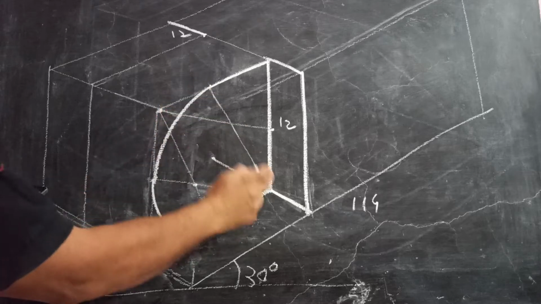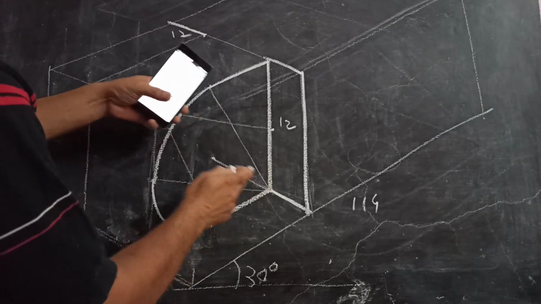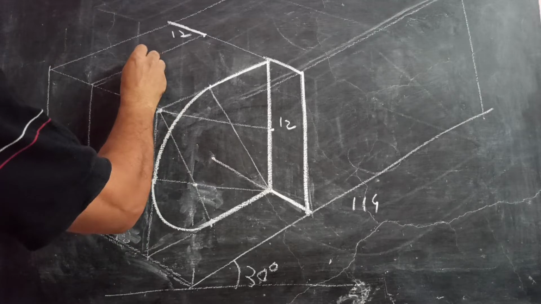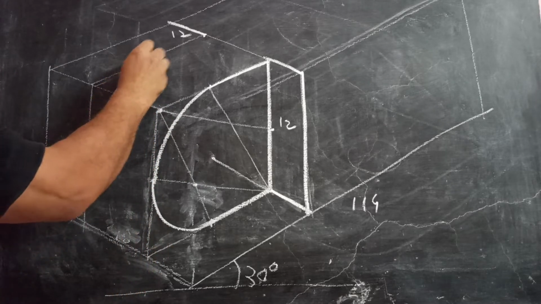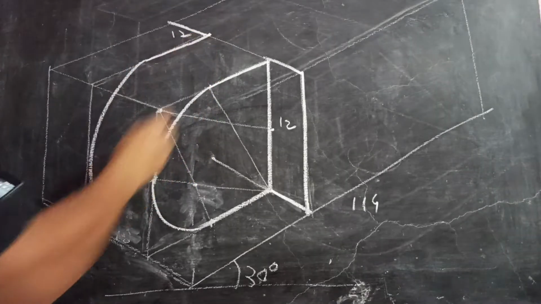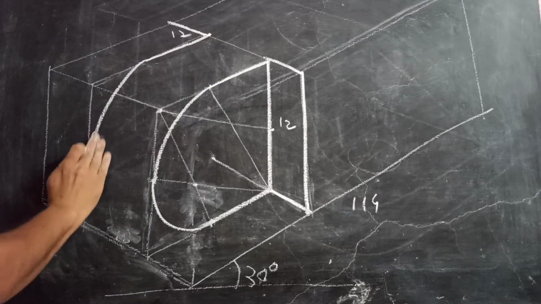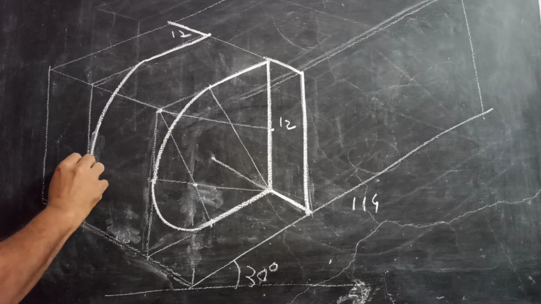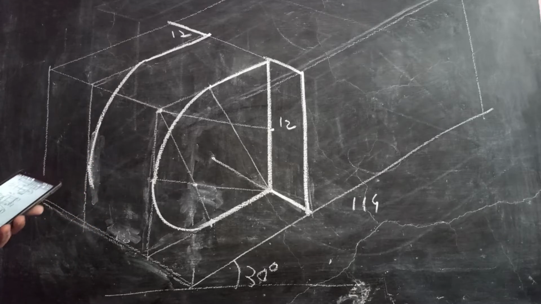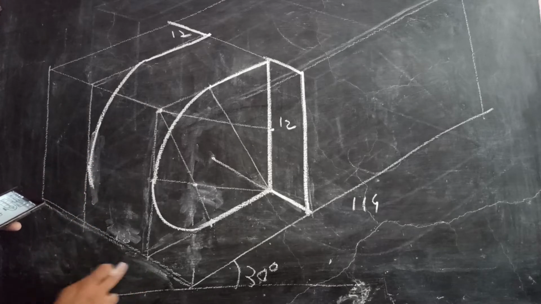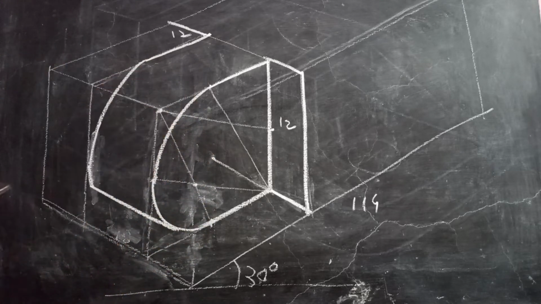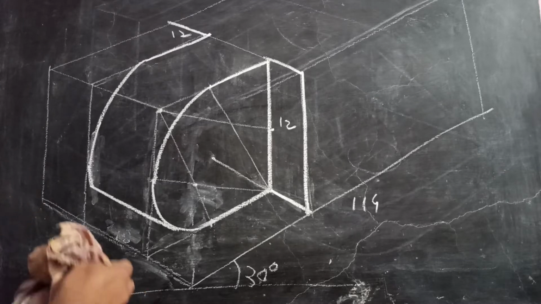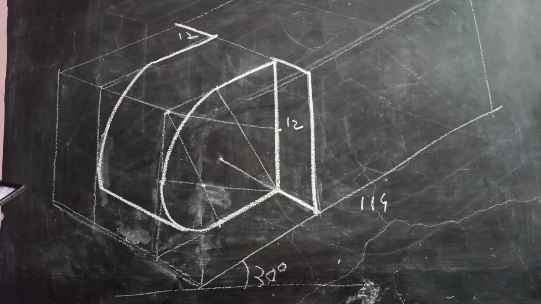Take the same radius from here, and you can join this like this. You can draw this, and for completion you can draw a line parallel to this, tangential to this, like this.